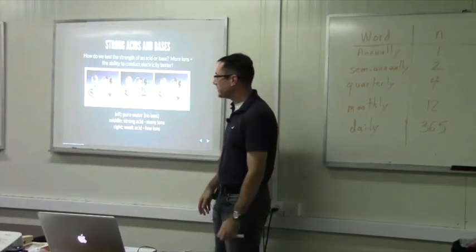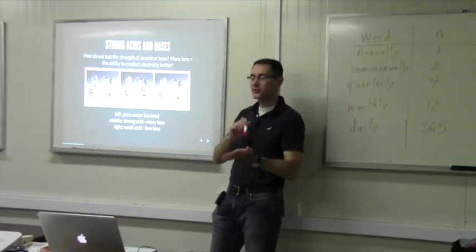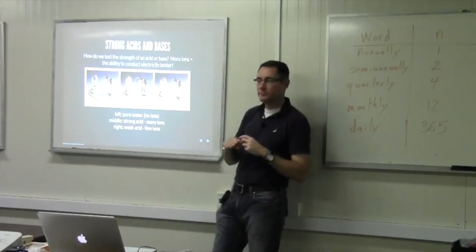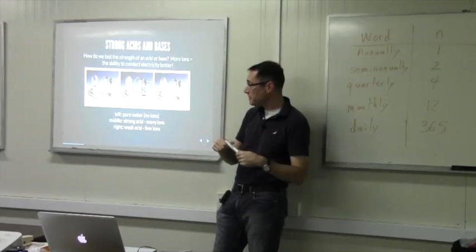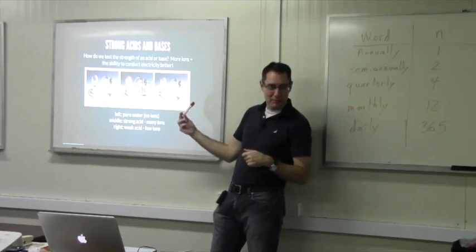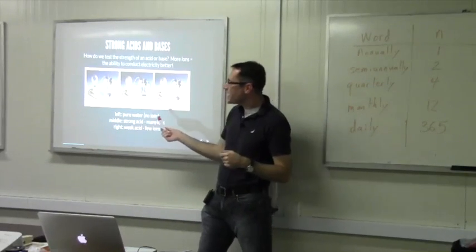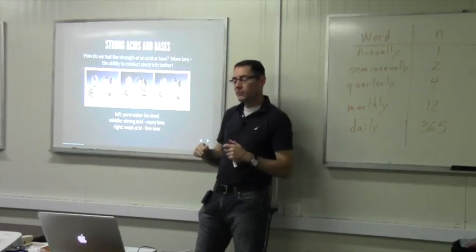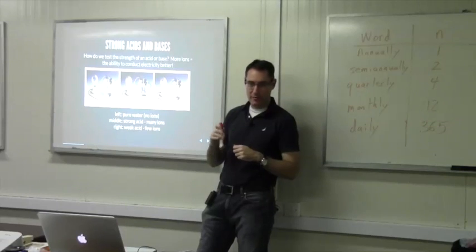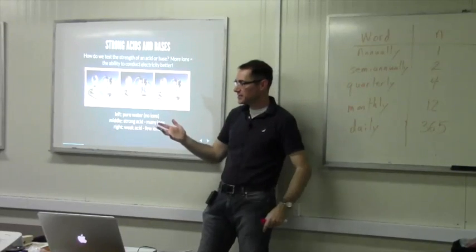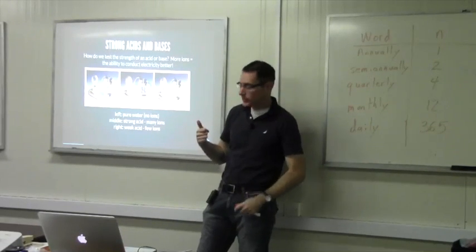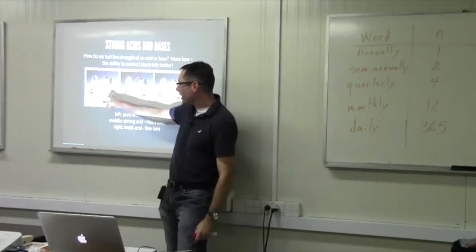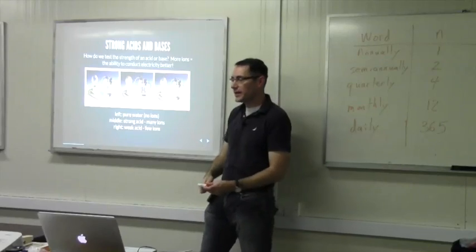How do we actually test the strength of an acid or base? Well, you can figure out which one actually has more ions, and you can do a little test with a light bulb. If you take a glass of pure, deionized water, and you put the two leads of a light bulb with a battery in there, you're not going to get any light.